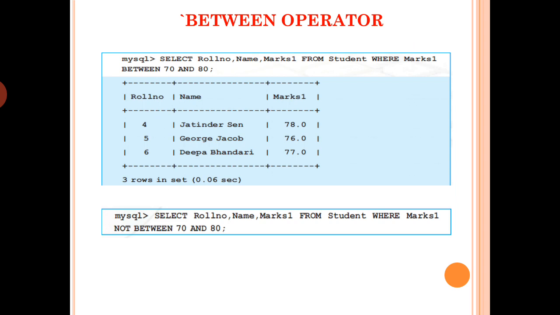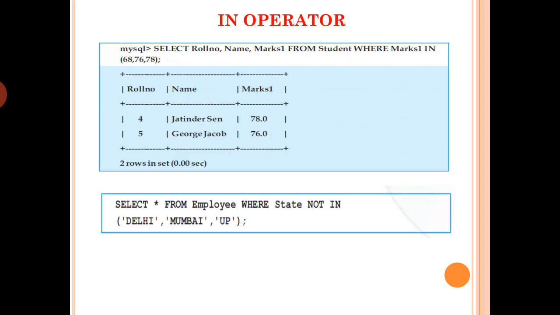The statement select roll number, name, marks 1 from student where marks 1 not between 70 and 80 will display roll numbers and marks of students who have secured marks other than the ones in the range 70 to 80, including 70 and 80.